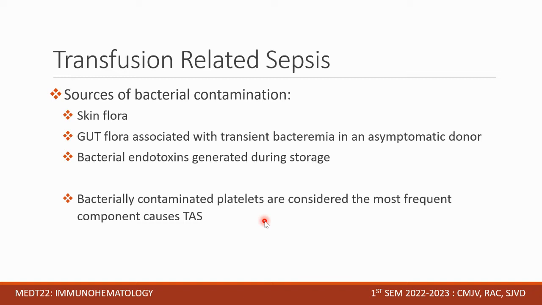So, freely growing lang sila sa temperature na yun. Unlike for other blood components na nasa ref or nasa freezer, so hindi nagta-thrive ang bacteria doon. Okay? Kaya ang most common blood component na bacterially contaminated is yung platelet. Kasi again, room temperature lang natin sila ini-store.